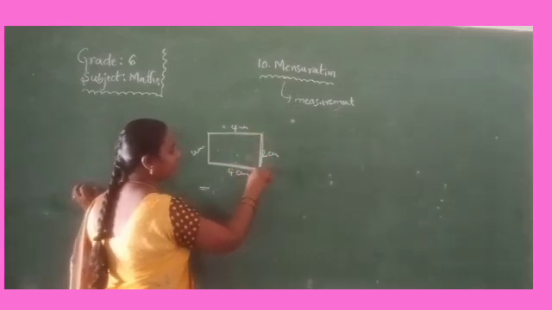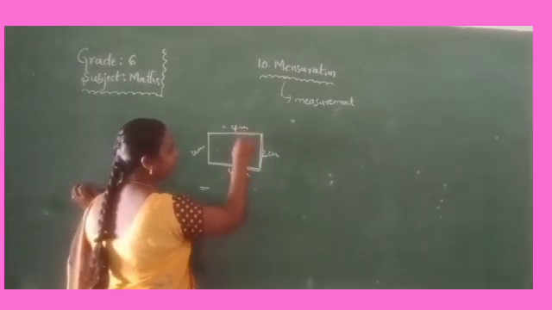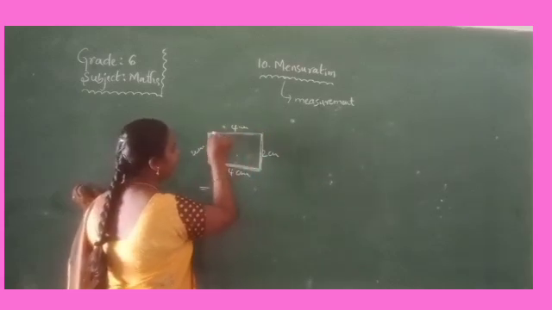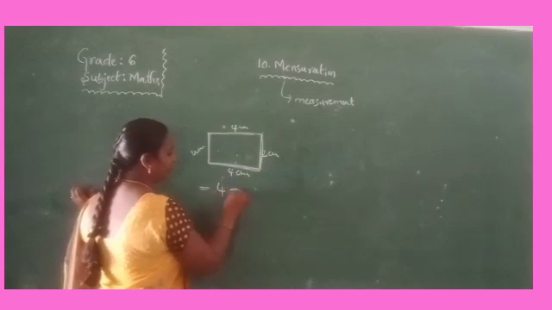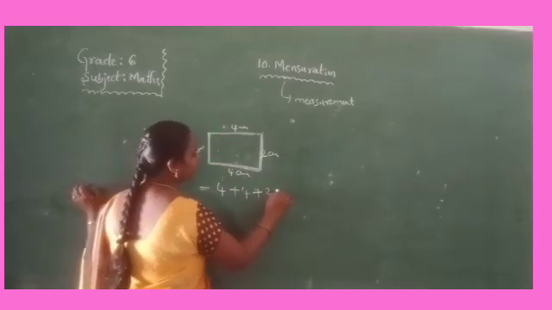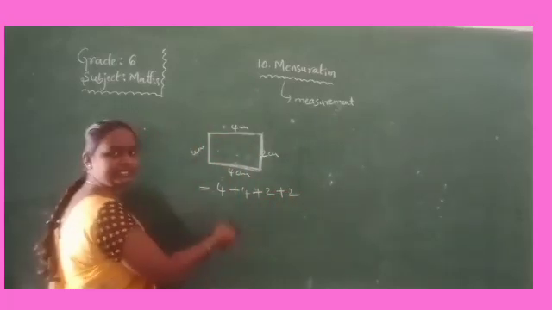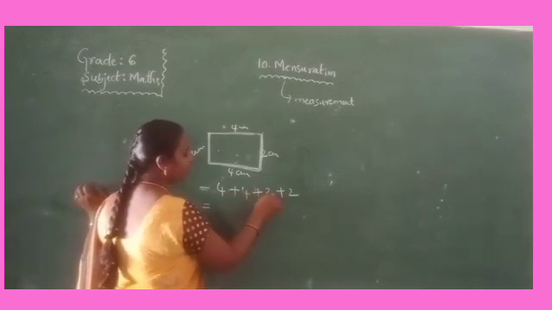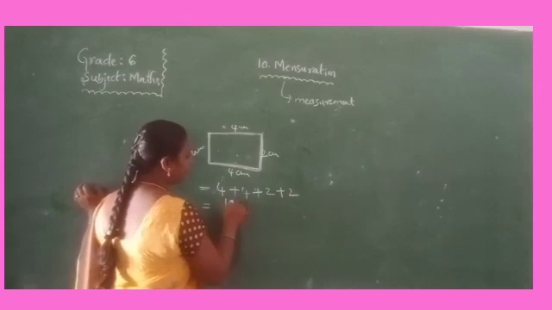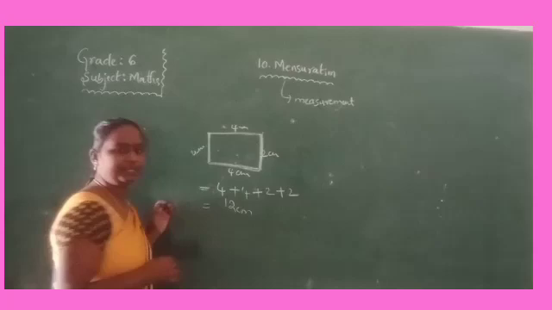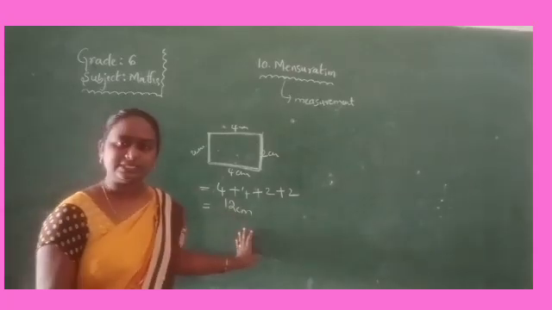In a rectangle, the opposite sides are equal. All sides are not equal. One length is 4 centimeters and another length is 4 centimeters. The 2 breadths are 2 centimeters plus 2 centimeters. Total 4 plus 4, 8; 8 plus 2, 10; 10 plus 2, 12. So the total is 12 centimeters.